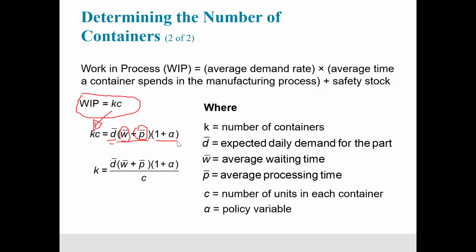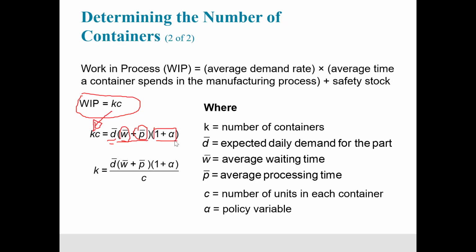So if our customers order 100 units every single day, and it's constantly around 100, we might not need safety stock. But if it fluctuates from day to day, 100 today, 120 tomorrow, 130 the other day, we might need some extra inventory as safety stock. So that's where we would add our 1 plus alpha.